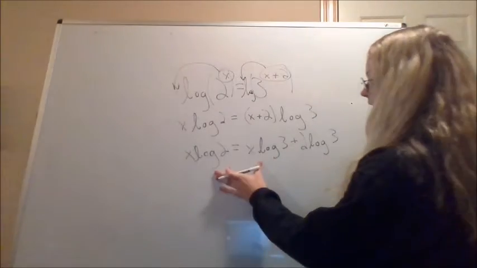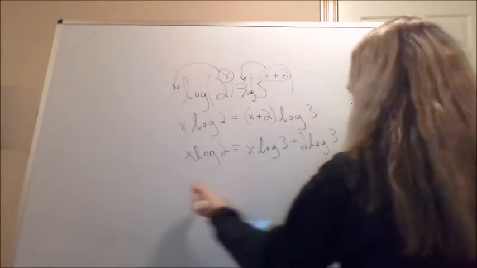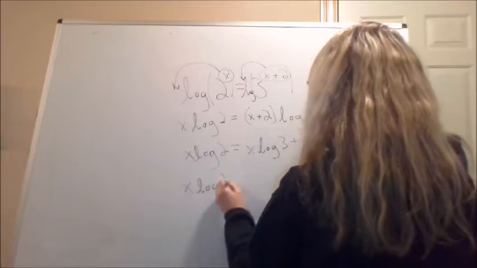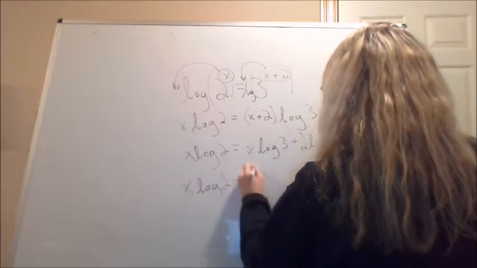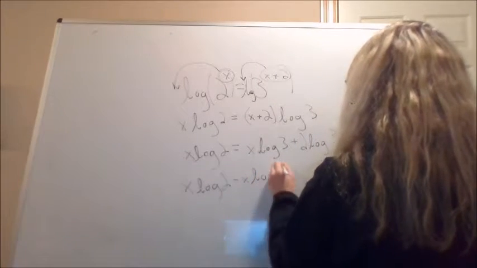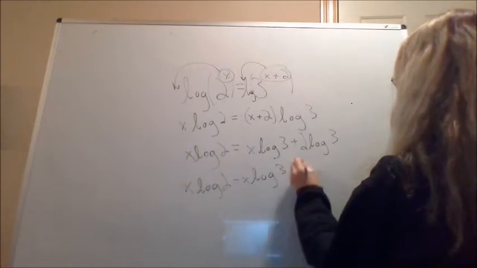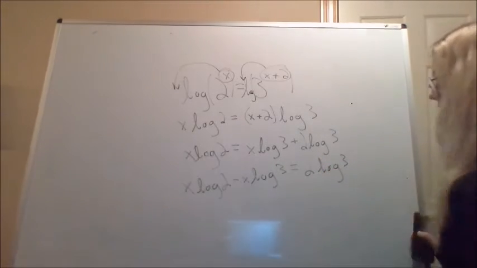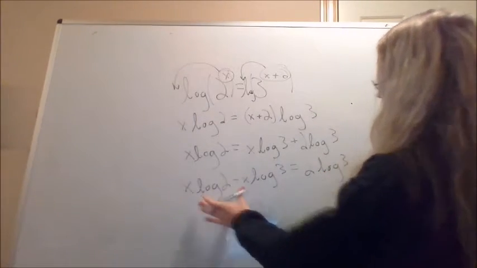And now we can group the x's on one side. So x log of 2 minus x log of 3 equals 2 log of 3. And now we can undistribute the x here.